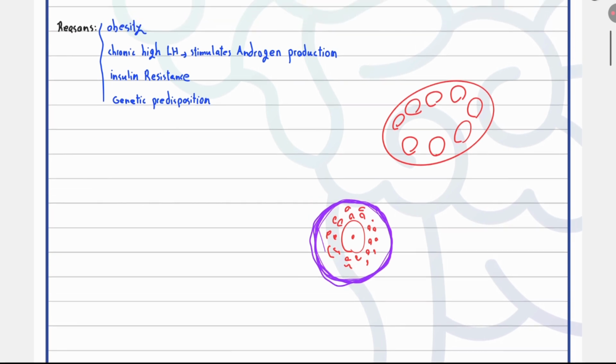And when the patient is insensitive to insulin, the pancreatic beta cells start to secrete more insulin. Why? Because they want the effect of insulin. But the patient unfortunately has insulin resistance, insensitivity. That's why the pancreas starts to release more insulin into the bloodstream, and we can see a high concentration of insulin.